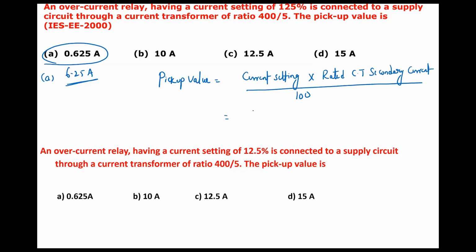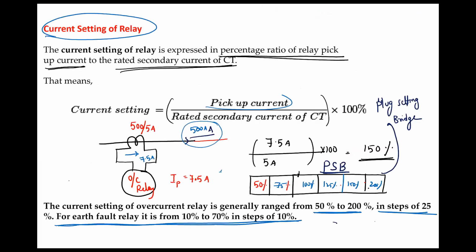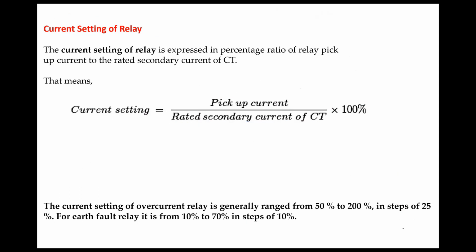Here the current setting is 125 percent. 125 into rated CT secondary current 5, divided by 100, so this value will become 6.25. 6.25 ampere is your pickup current. I have not done anything new. So pickup current is equal to current setting into rated CT secondary current of CT divided by 100.